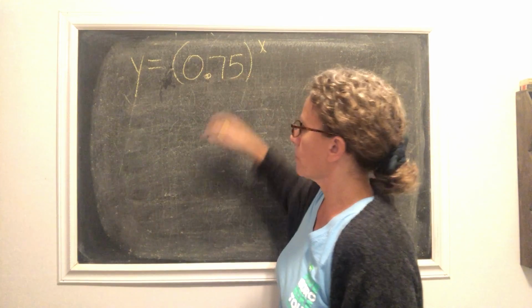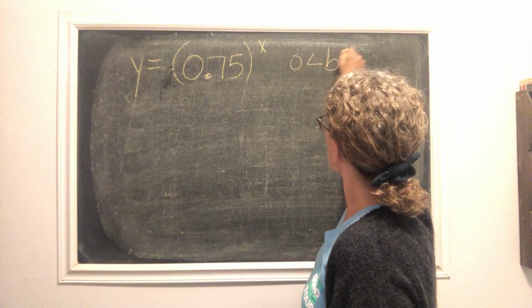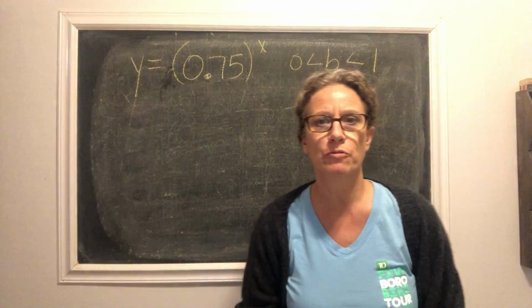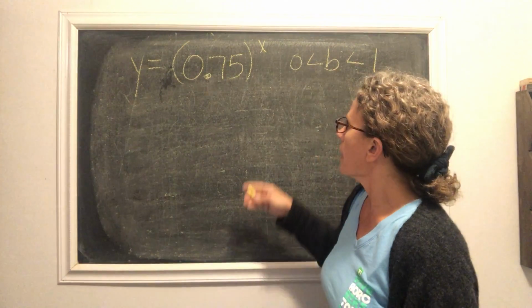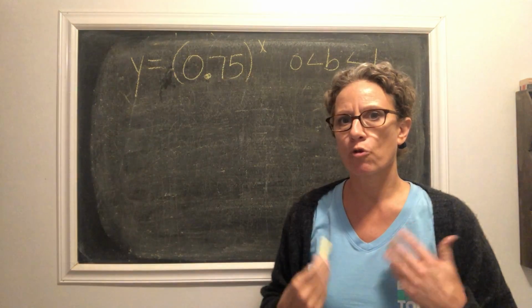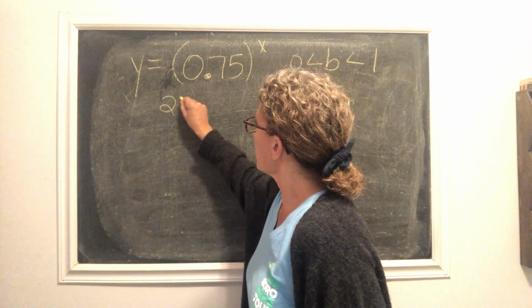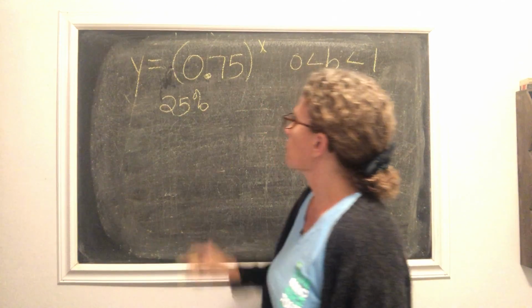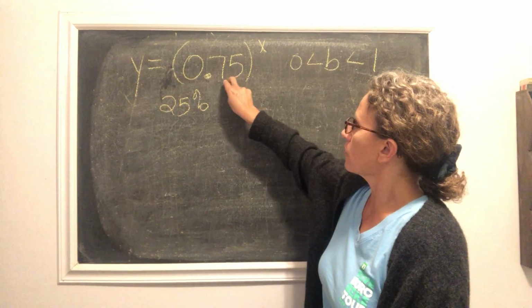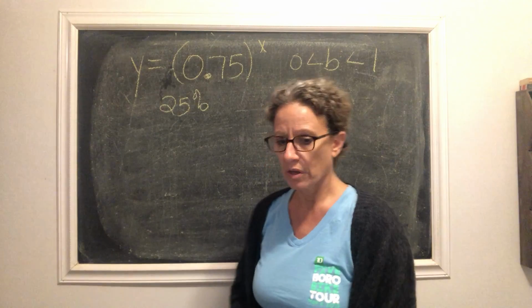A b between 0 and 1 means it's a fractional amount. If I have 0.75 remaining, then it has decayed 25%. Together, 0.75 and 0.25 make the whole.